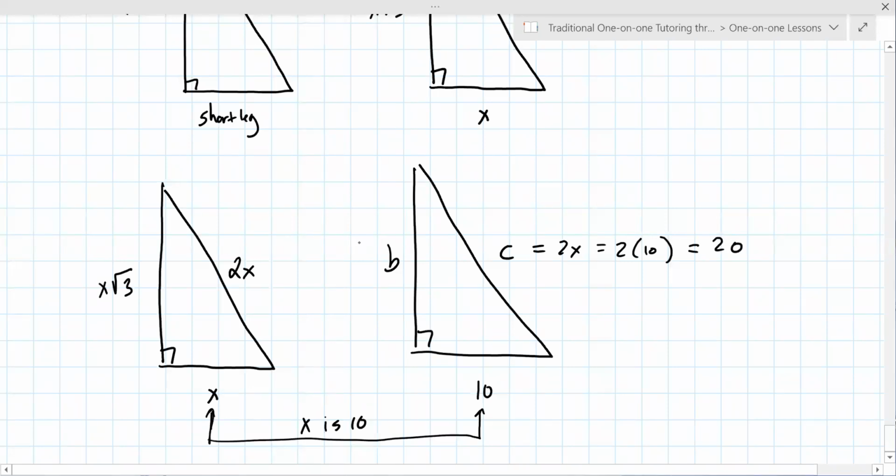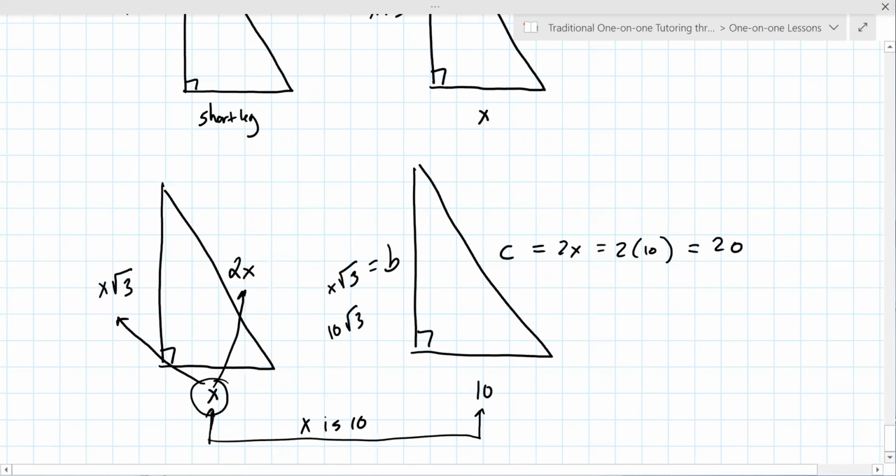What is B? B is x square root 3. Well, what's the value of x? x is 10. So you take this known side and you morph it into the other ones. When it's given, this is the easiest case where they give you the short leg.